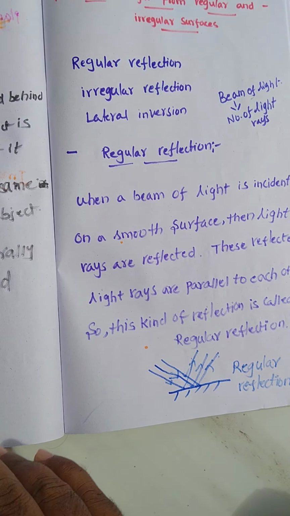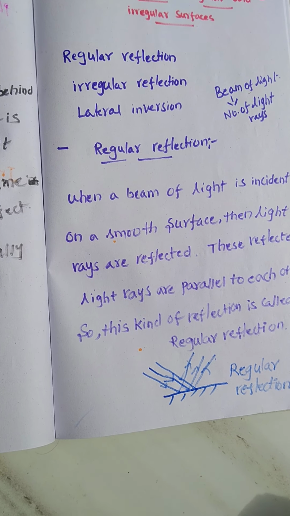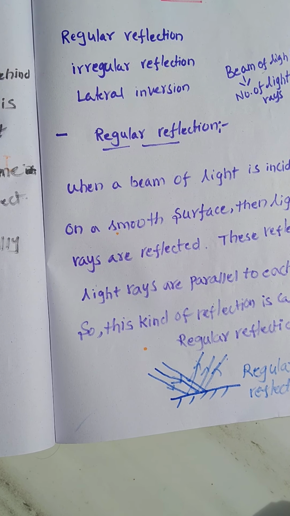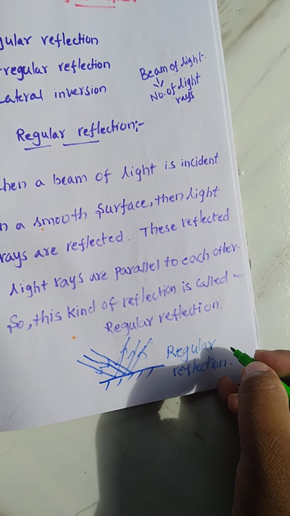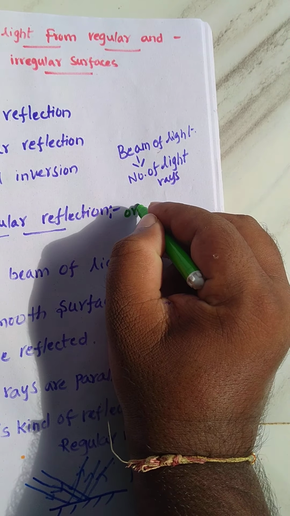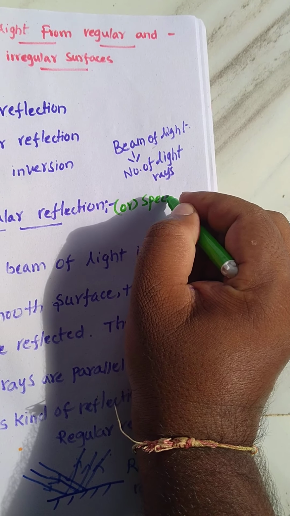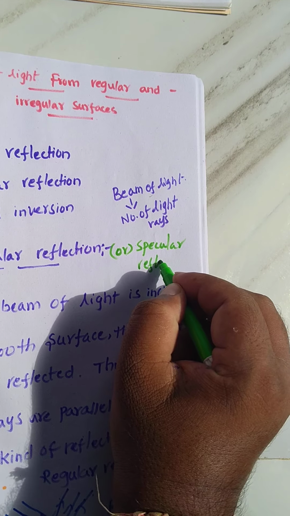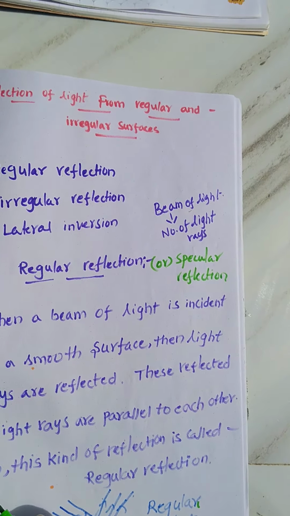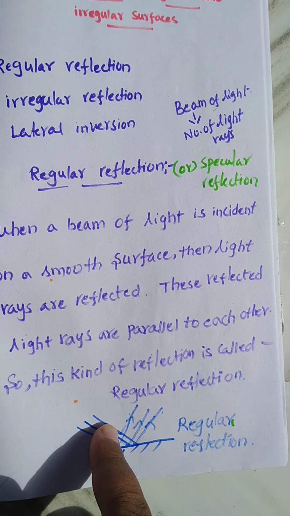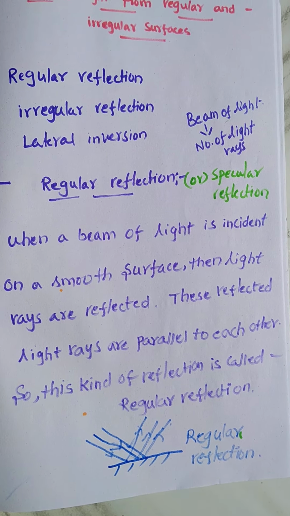Understand? Regular reflection is also called specular reflection. Whenever the reflected light rays are parallel to each other, only then is such a type of reflection called regular reflection.